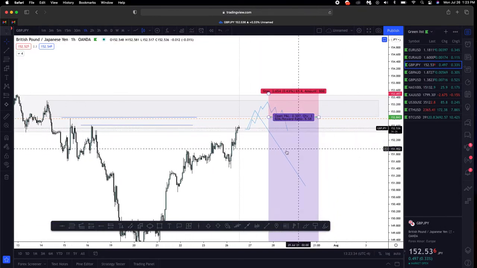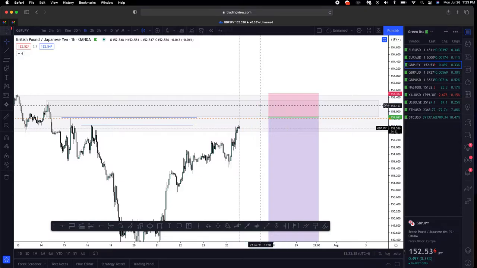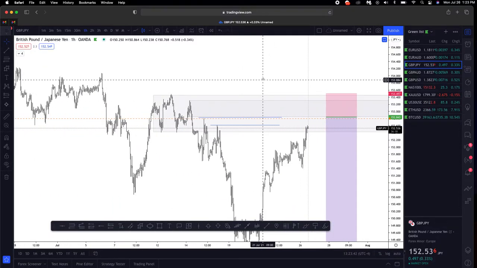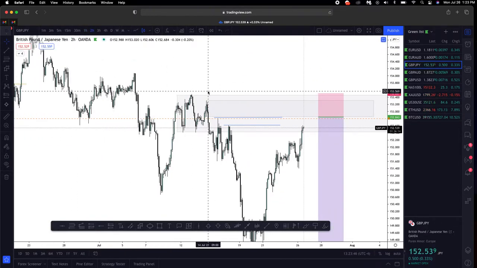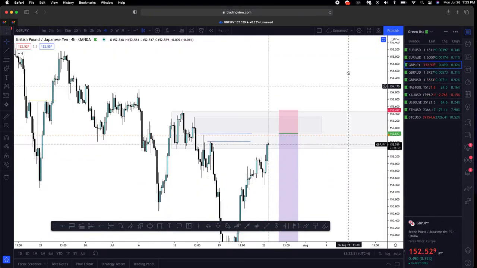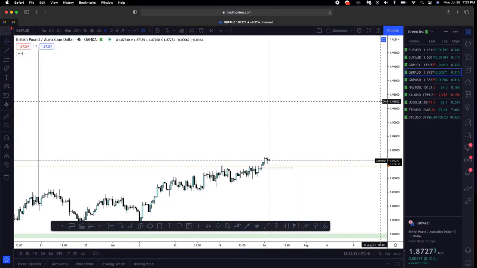But anything could happen. We have to react to the market and not so much try to predict it, right? But this is my high probability scenario. All right, so that's GBPJPY.